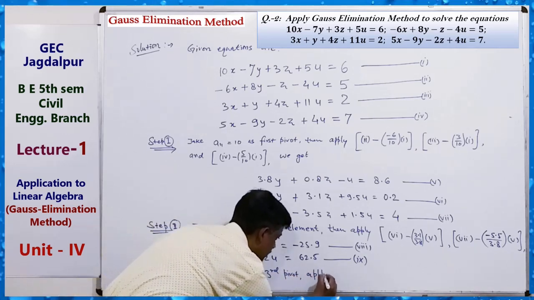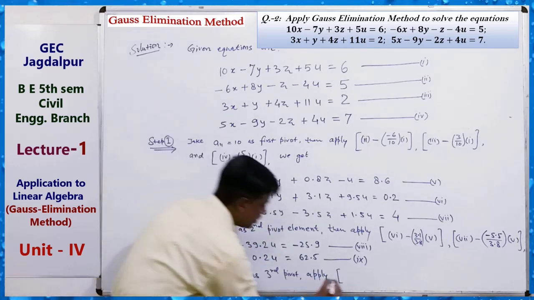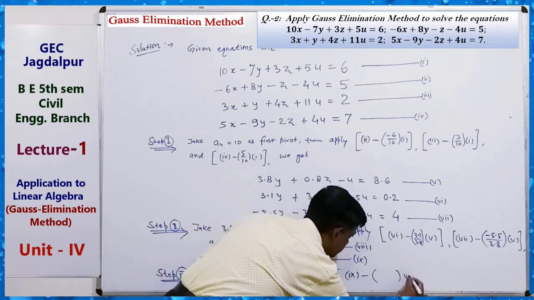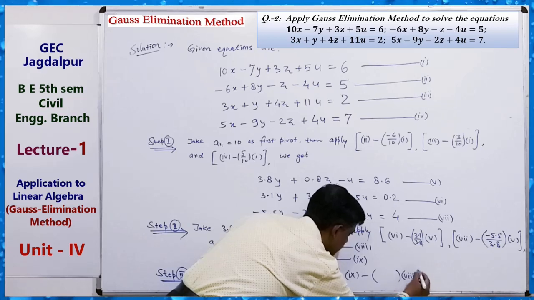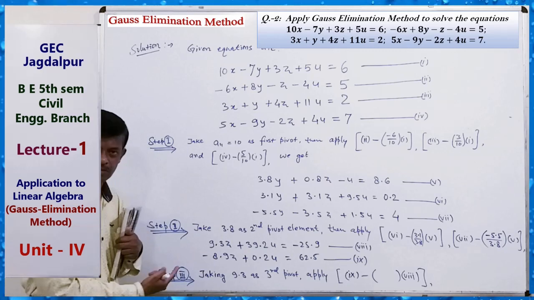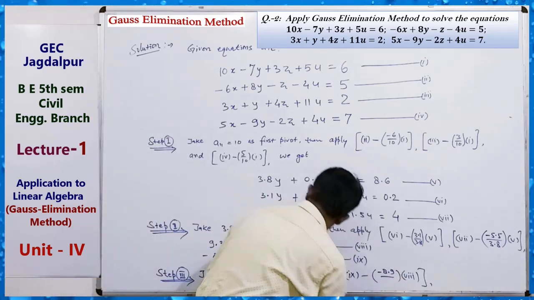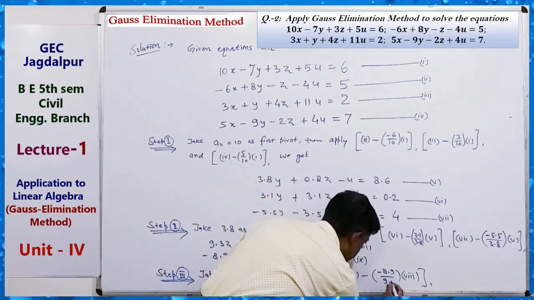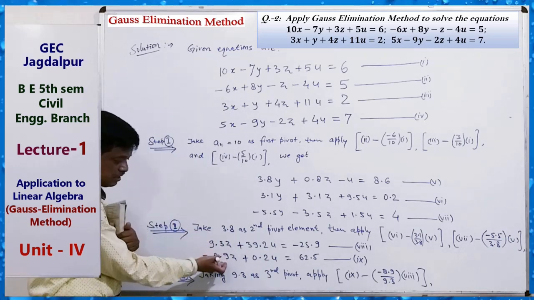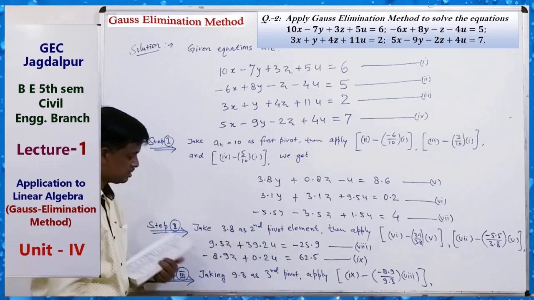Apply, what operation will be applied? Equation 9 minus equation 8 times, how many times? Minus 8.9 by 9.3. Formula: minus 8.9 by 9.3. Just calculate it and multiply to this equation and subtract from here. You can get it as 0, and here U will change.